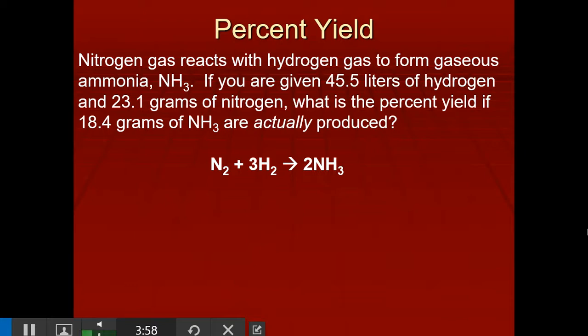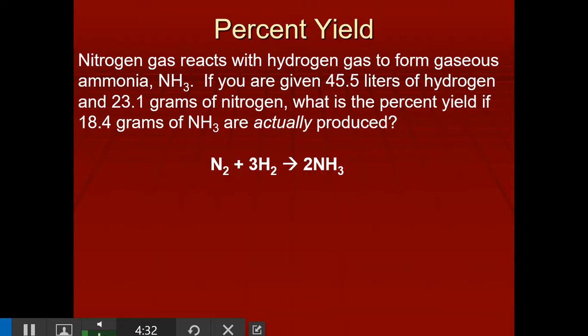All right, so on your notes, you have an example, and I'm kind of hoping that this example looks familiar to you. Because if you look on your limiting reactant notes, the worked out example on the front of your limiting reactant notes is this same exact problem, where we were given 45.5 liters of hydrogen and 23.1 grams of nitrogen.